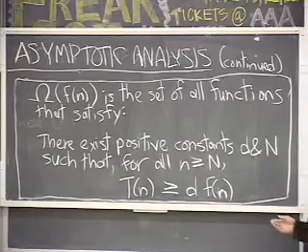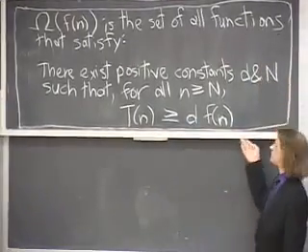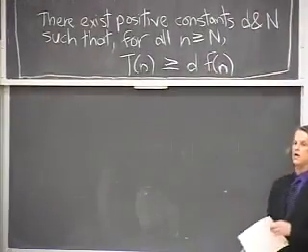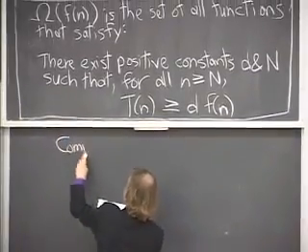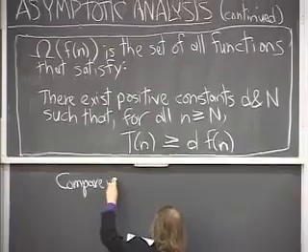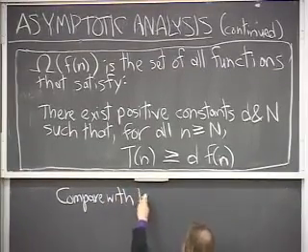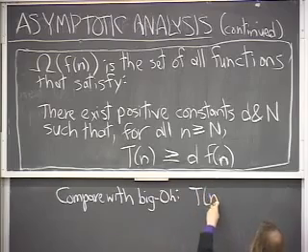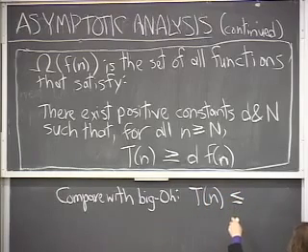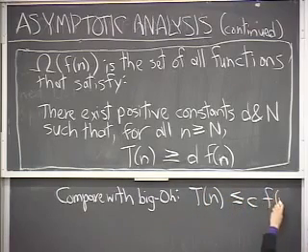Now this looks probably pretty familiar because it's a lot like the definition of big O. There's just one important difference. With big O, we had a less than or equal to sign.